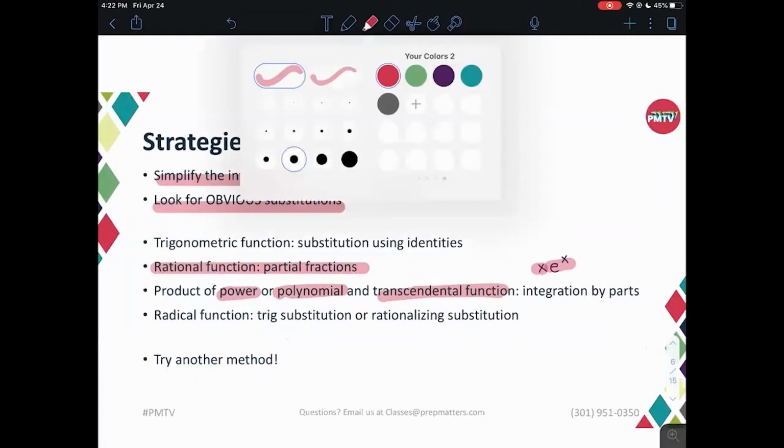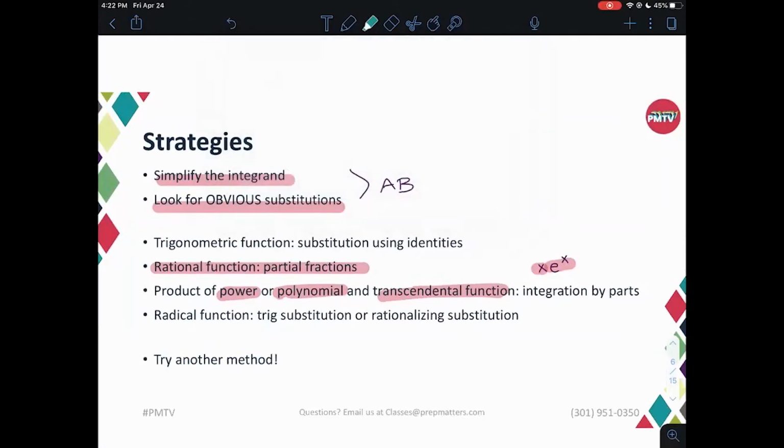Two things that we did not talk about, but are worth reviewing before you go into this exam. If you are trying to do some kind of integration with trig functions, substitution using various trig identities is often very helpful. And then if you have radical functions, trig substitution or some kind of rationalizing substitution is often helpful.